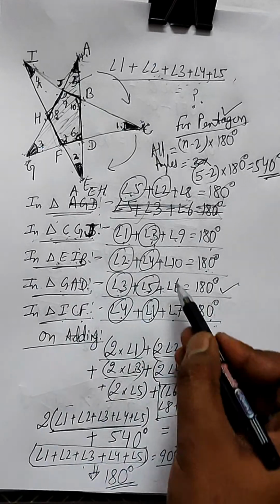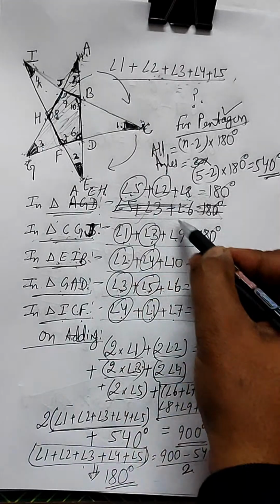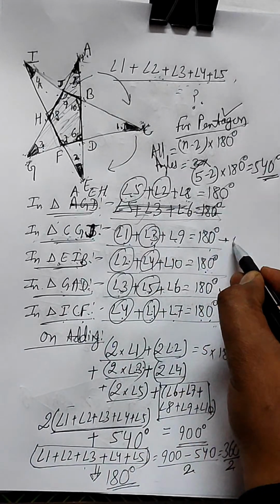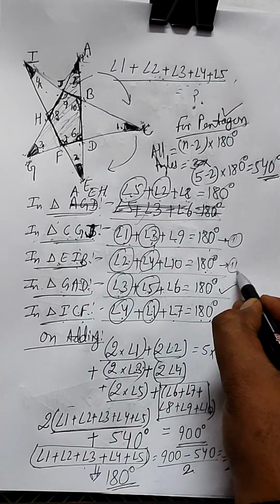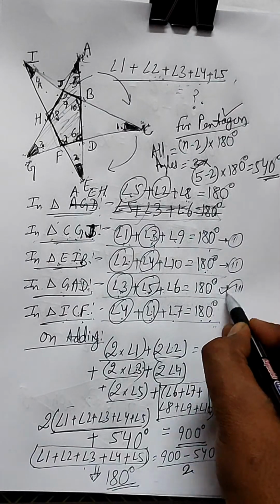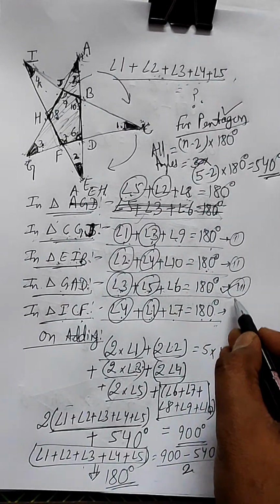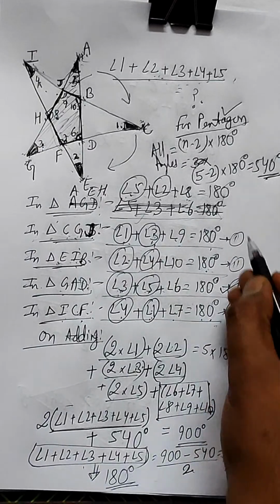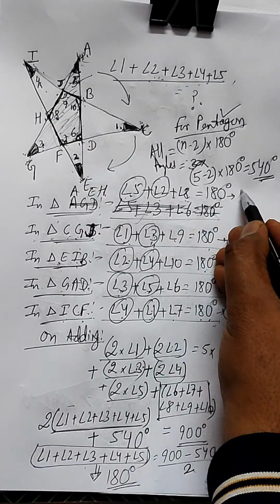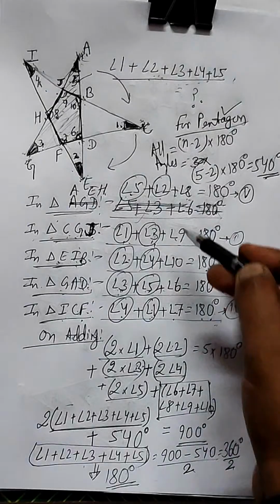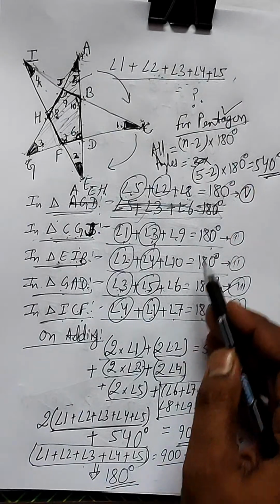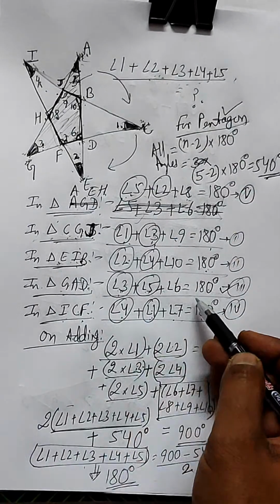Now add the LHS of all these equations: equation number 1, 2, 3, 4, and this is 5. So add all these 5 equations, LHS and RHS.